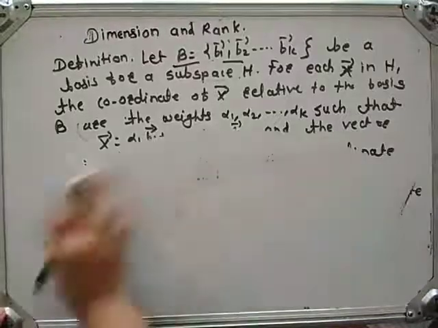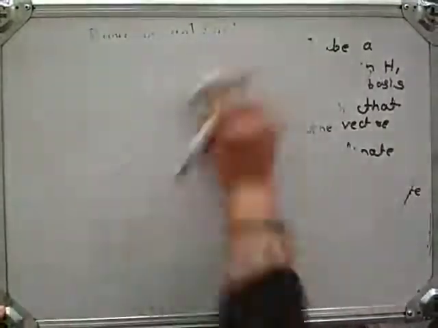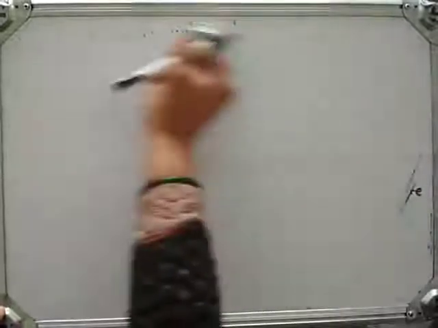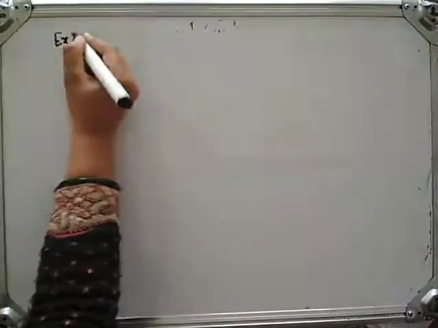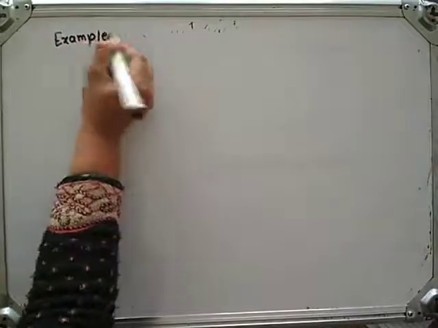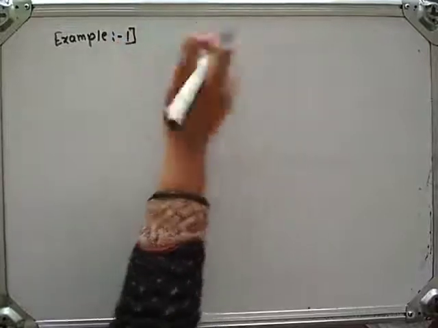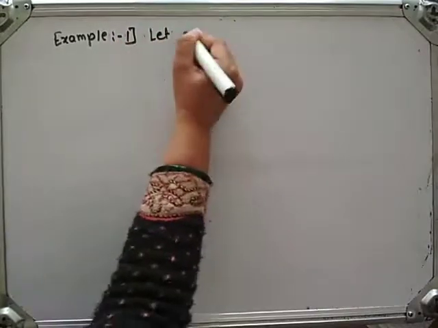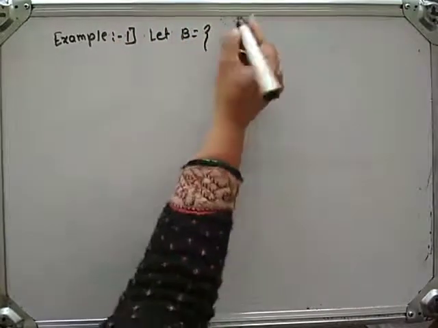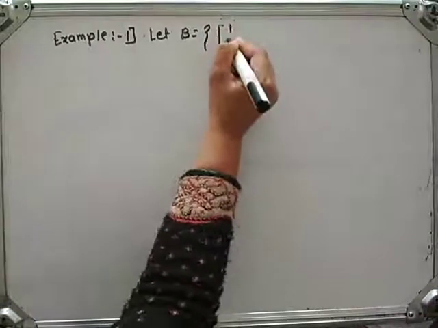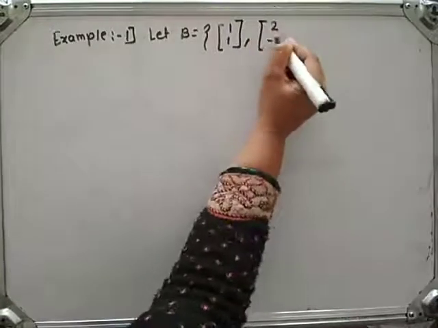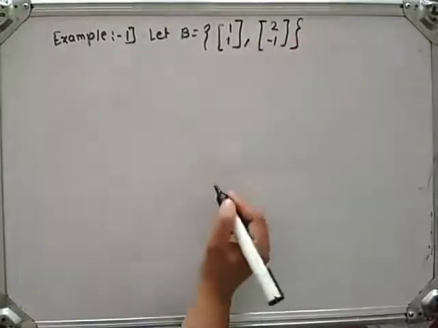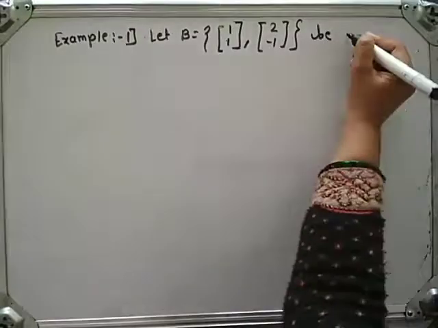Okay, let us take an example on the coordinate of a vector relative to basis B. Example: first, let B is equal to the vectors (1, 1) and (2, -1) be a basis.